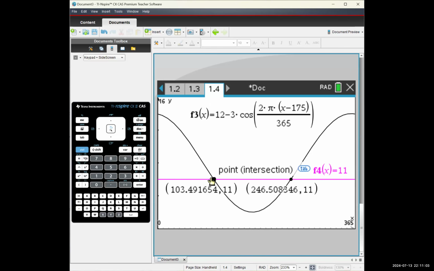But technically, you can only take whole number days. For example, I couldn't have 103.49 something days. So I couldn't round this up to 104. I have to round it backwards to 103 for this point.